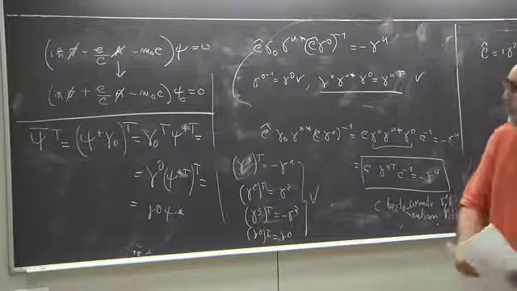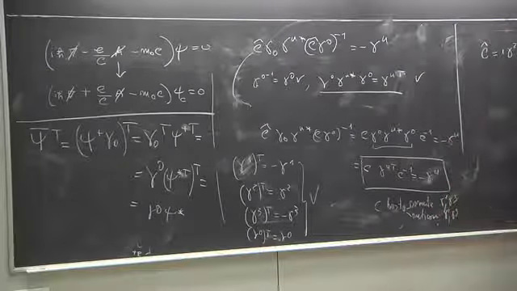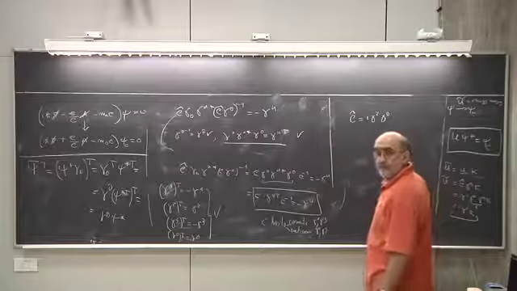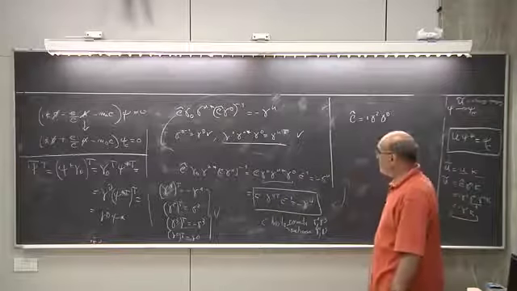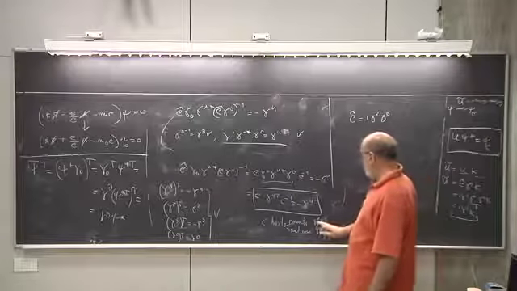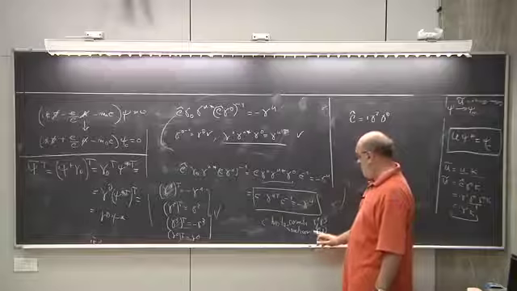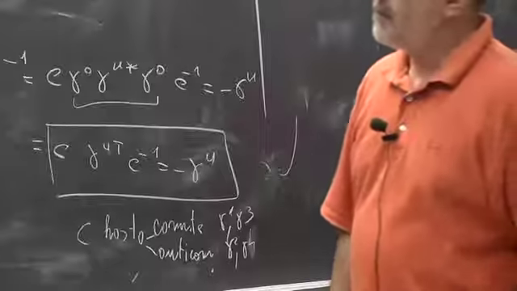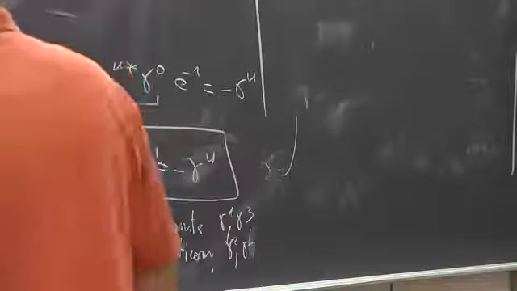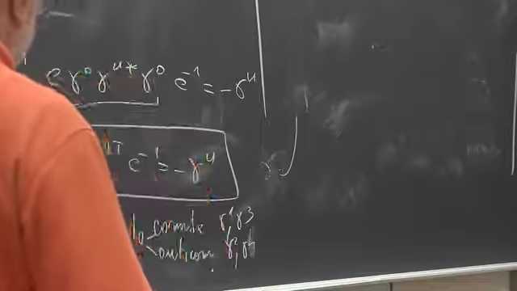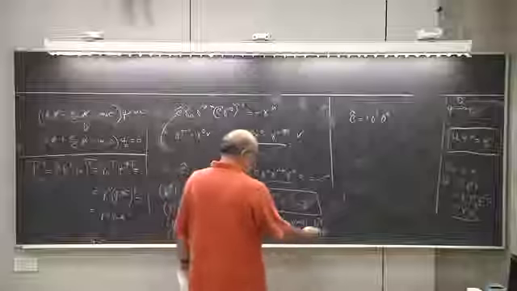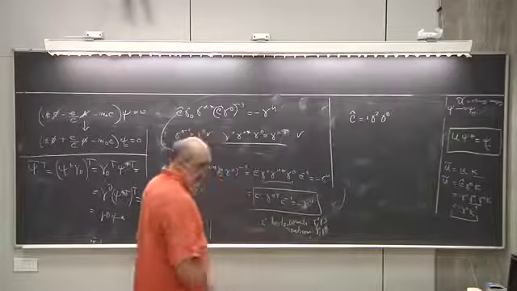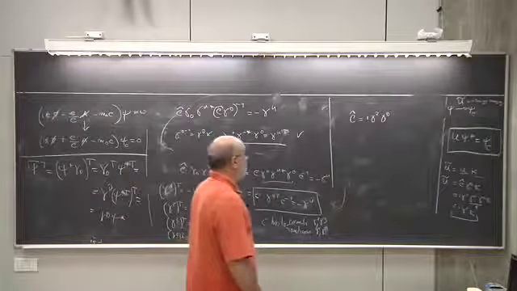Okay, so the charge conjugation for the Dirac particle we have found is done by this operator. Gamma 1 and gamma 3 commute, and anti-commute with gamma 2 and gamma 0.